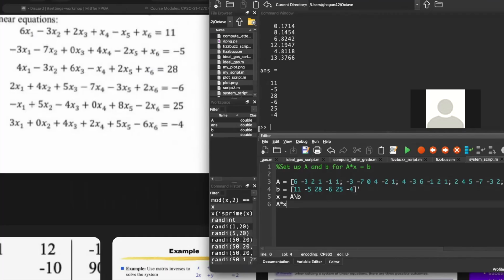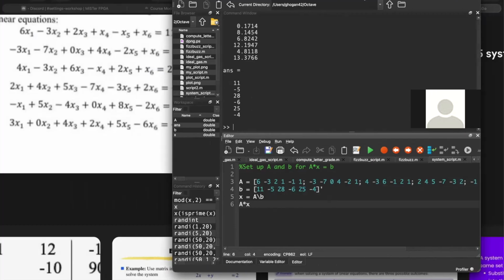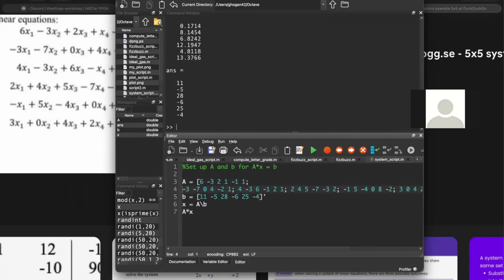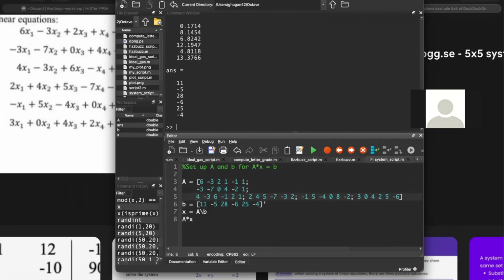My point here is that MATLAB is very efficient at solving a system of equations like this. Now, you might want to type it more like this.